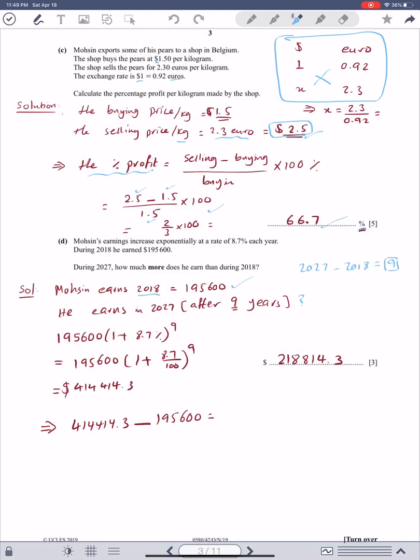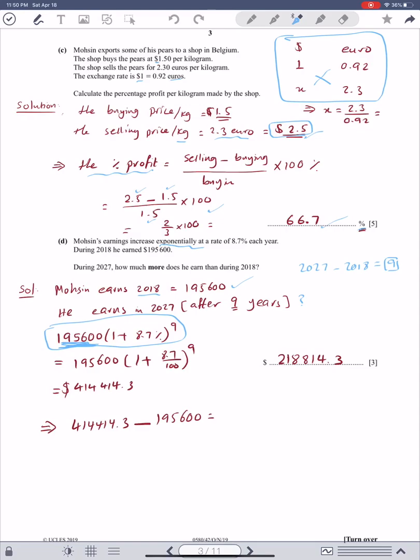Since he said increase exponentially, we use the formula, which is the money that he had in the first year times 1 plus the increase percentage to the power of the number of years. We are very familiar with these questions.